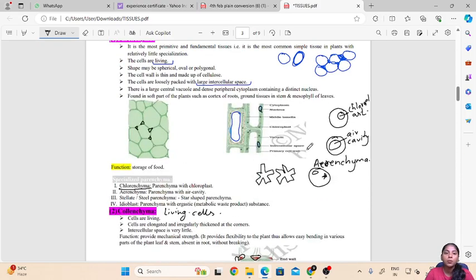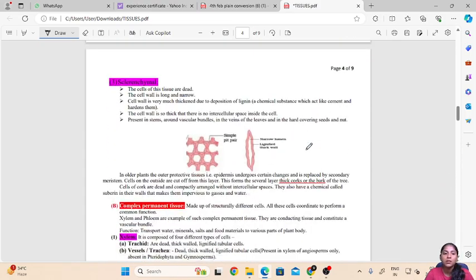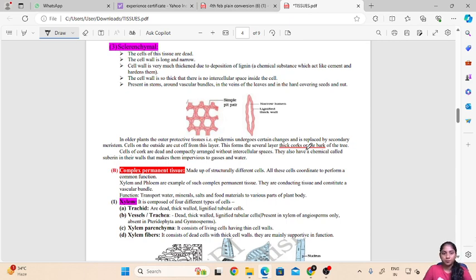Then the third type of simple permanent tissue is sclerenchyma tissue. The cells of sclerenchyma tissue are usually dead cells. The cell wall is long and narrow, and these cells usually contain deposition of lignin, or they are lignified cells.